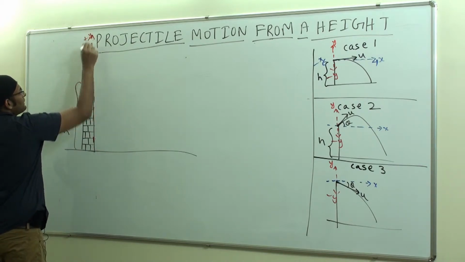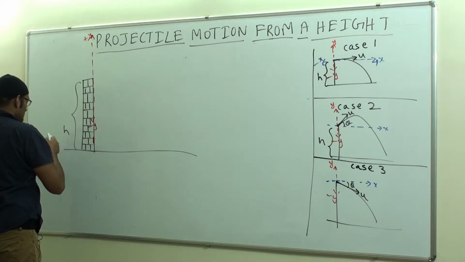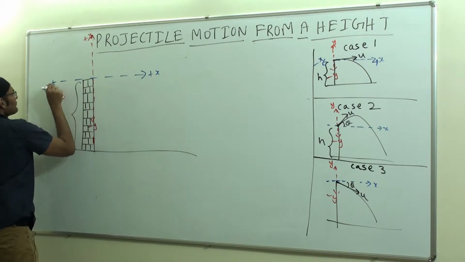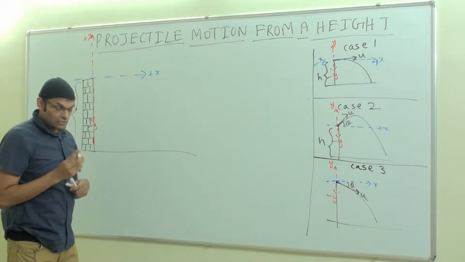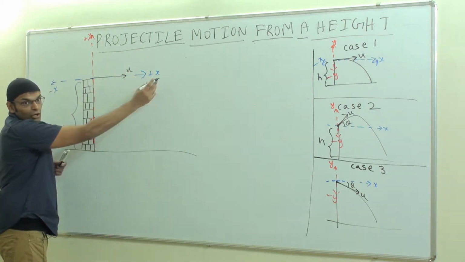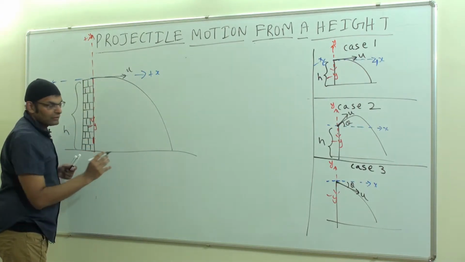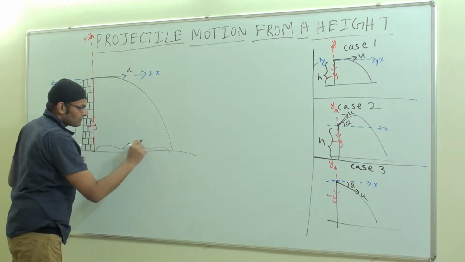This is plus y, this is minus y, and here this is plus x axis, minus x axis. So here I am going to throw the ball with a velocity u in the direction of positive x axis. So the ball goes like this and comes down and touches the ground. So here you can clearly observe this is the range of the projectile.